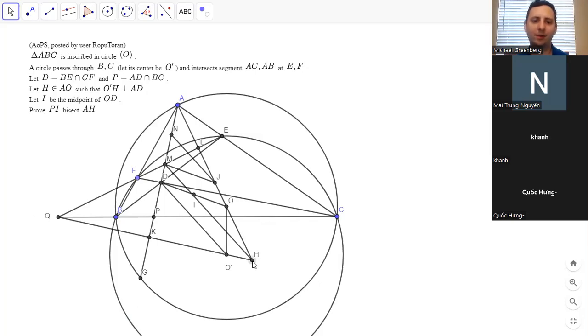So it passes through H. That makes sense. So yeah, O prime is the orthocenter of ADQ.